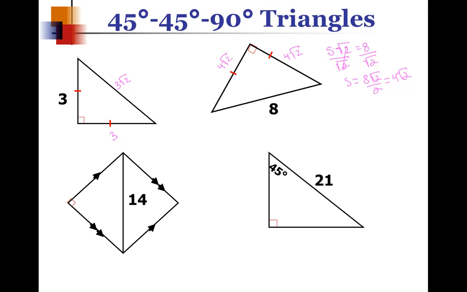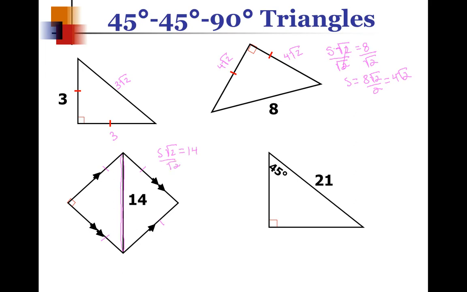What about this? The diagonal is 14. This isn't well indicated, but if the opposite sides are equal, this is a square. It has to be. I should have marked that clearer, sorry. So the diagonal is 14. So when we do the side times root 2 is going to be equal to 14.